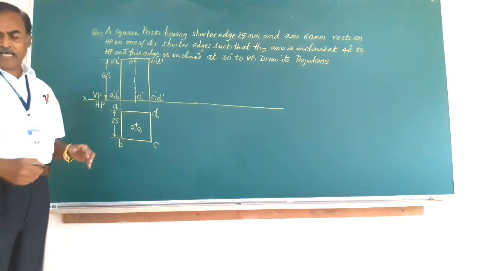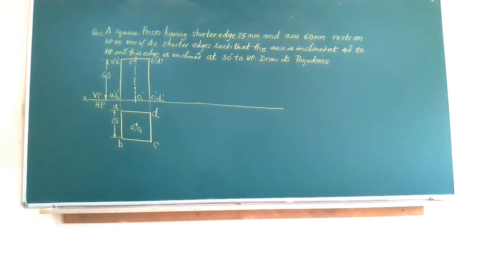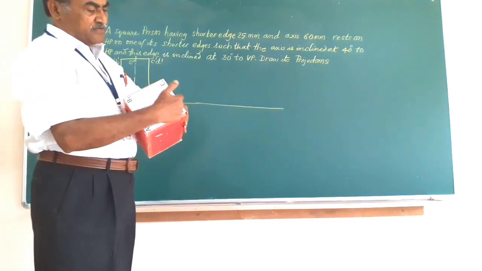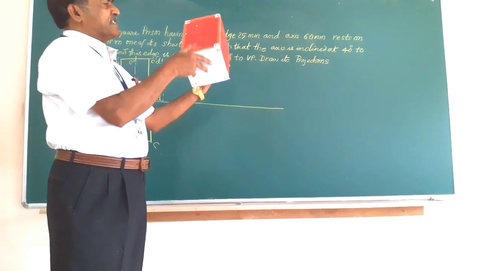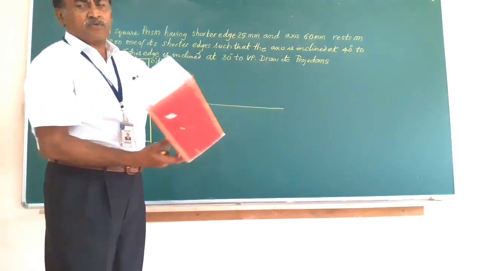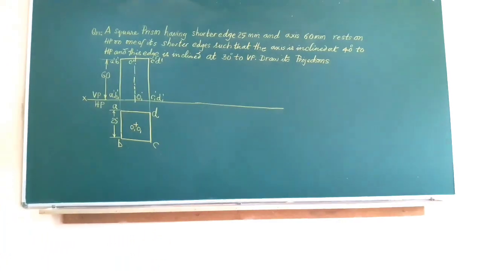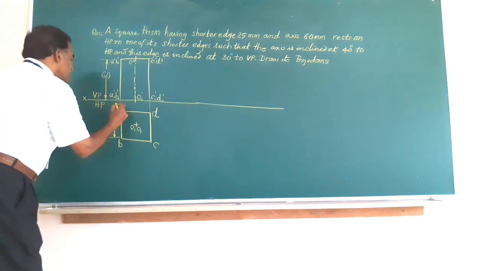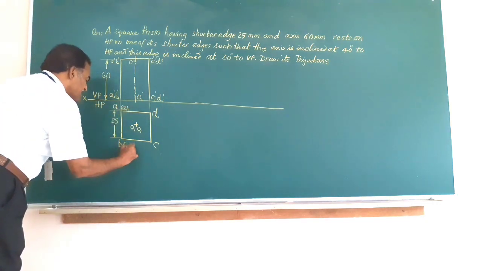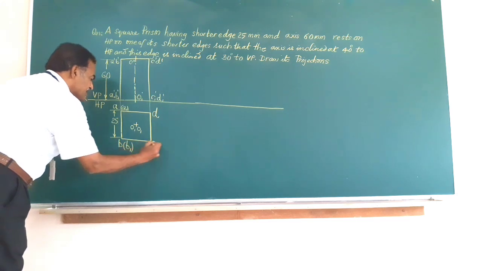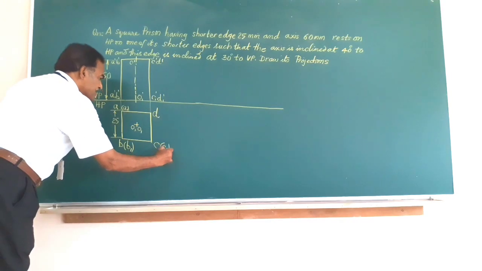So here I told you in the previous session that the corners of the top face, that is A, B, C and D, cover the bottom corners of the corresponding edges. So I will mark here A comma A1. A1 is the bottom corner, B comma B1, C comma C1 and D comma D1.